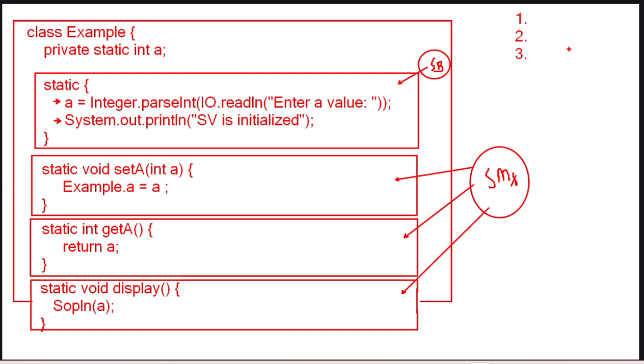Place the entire class in one box, the static block in one box, with an arrow mark to the static block, SB. Inside the static block you have written dash, dash, dash. What is that logic called? Write SV initialization logic. SV means static variable initialization logic.